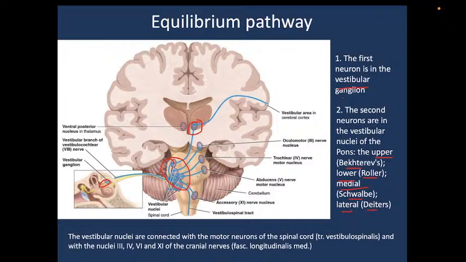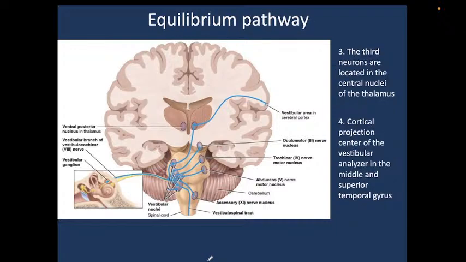Almost 4 cranial nerves are connected with the vestibular nuclei, and it helps to combine movements of our eyes with the contraction of the neck muscles.